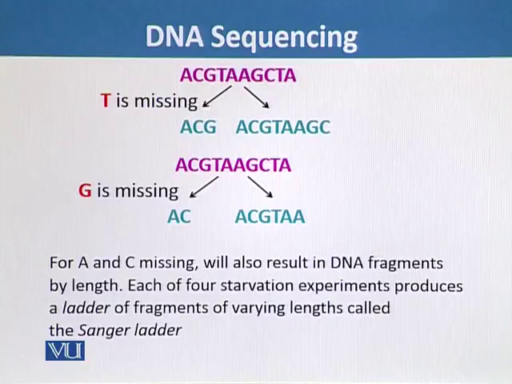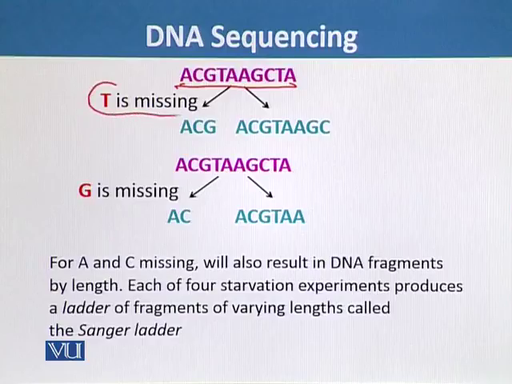For example, here we can see the fragment ACGTA. We can produce fragments of different sizes if we limit one of the 4 nucleotides. In this case, we have limited the thymine in the sequencing process.